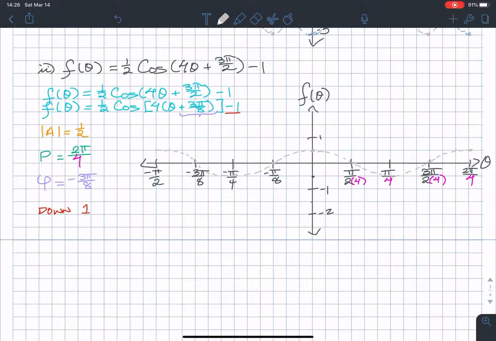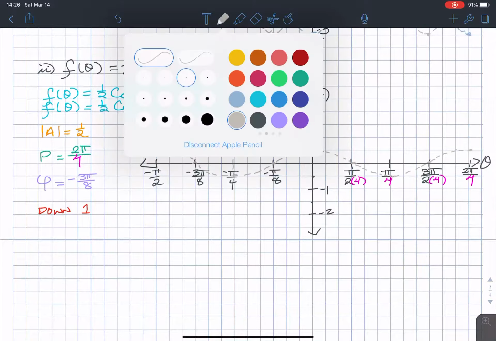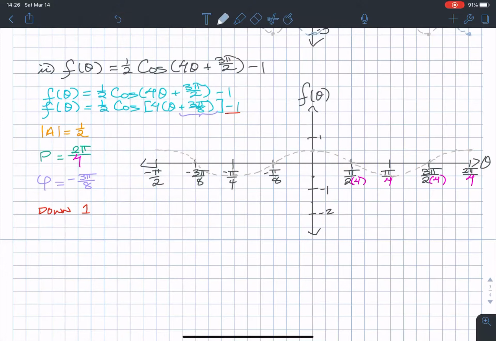Okay, but let's go ahead and shift this left 3 pi over 8. So everything is moving to the left 3 quadrants. So starting on the rightmost point here, goes left 1, 2, 3, then goes down, down, up, up, down, and I can just follow that. So down, down.